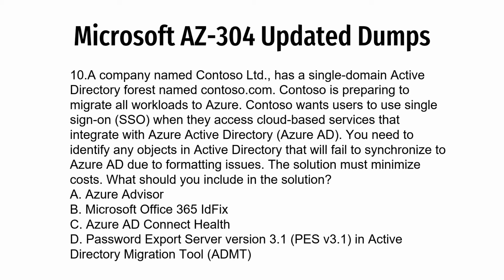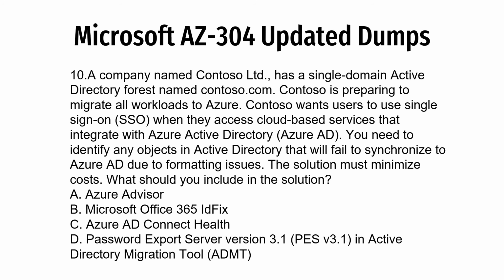10. A company named Contoso Limited has a single domain Active Directory forest named contoso.com. Contoso is preparing to migrate all workloads to Azure. Contoso wants users to use single sign-on (SSO) when they access cloud-based services that integrate with Azure Active Directory, Azure AD. You need to identify any objects in Active Directory that will fail to synchronize to Azure AD due to formatting issues.